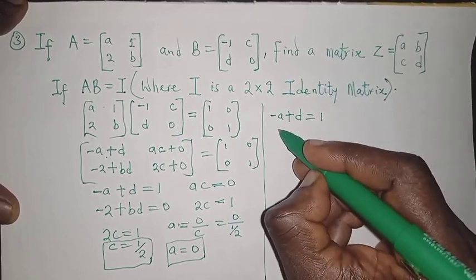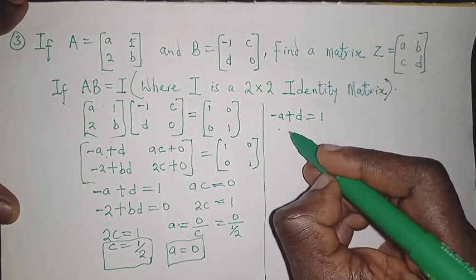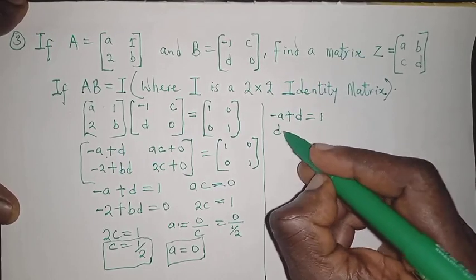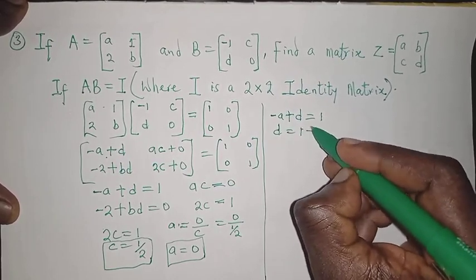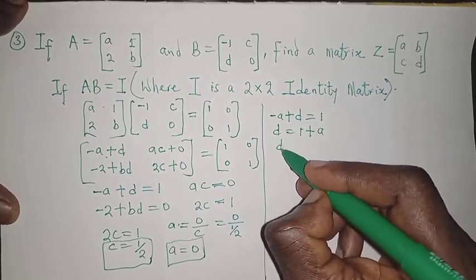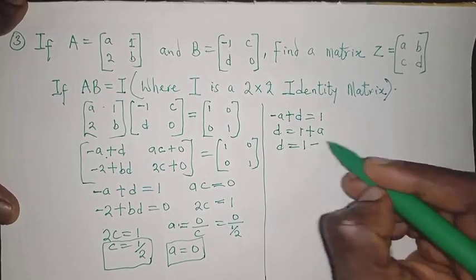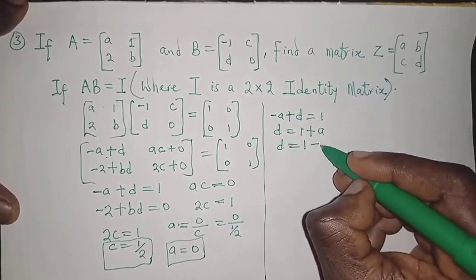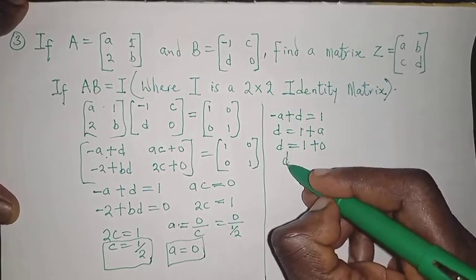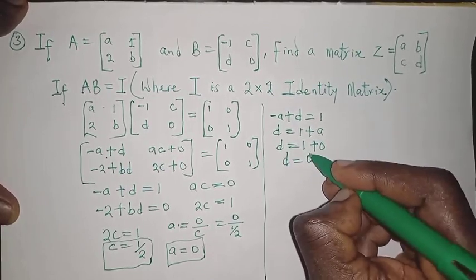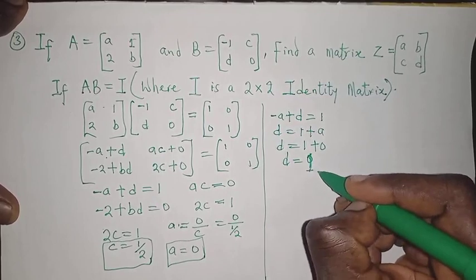And since A equals 0, D is simply going to be 1 plus A. And remember we know A to be what? A is 0. So D is equal to 1.